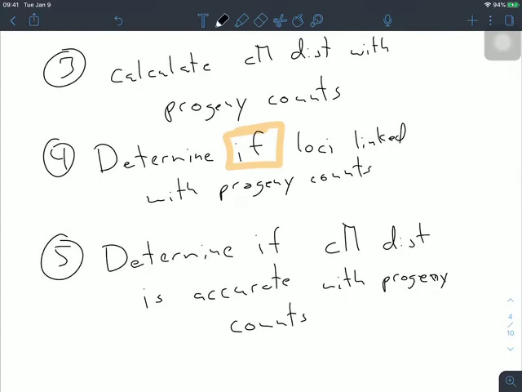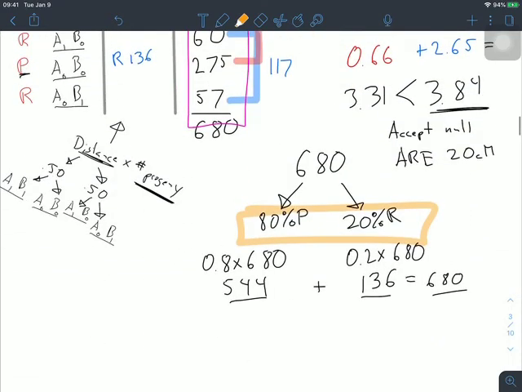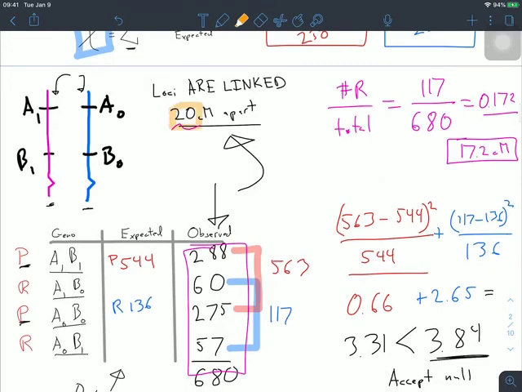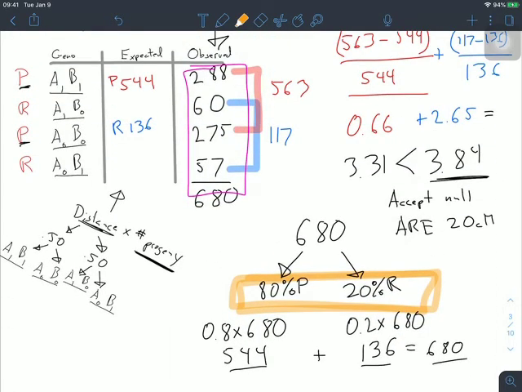And so again, instead of using a distribution of 50-50, you're given some sort of biased value, 80-20, with 20 centimorgans apart, and calculating the chi-squared value for that.